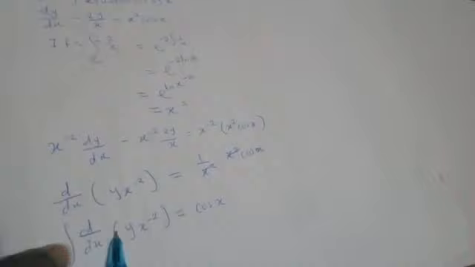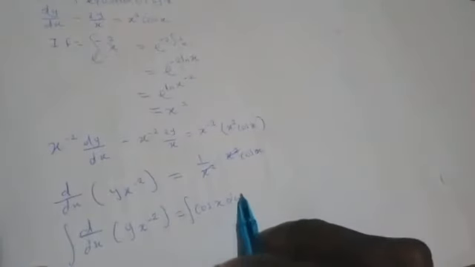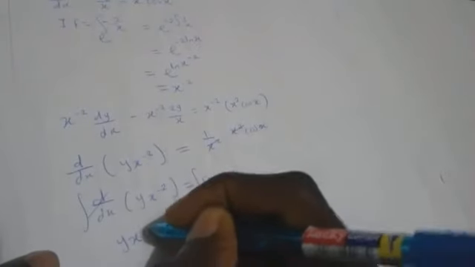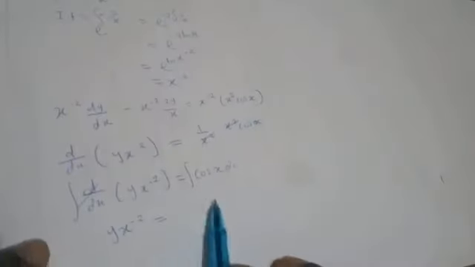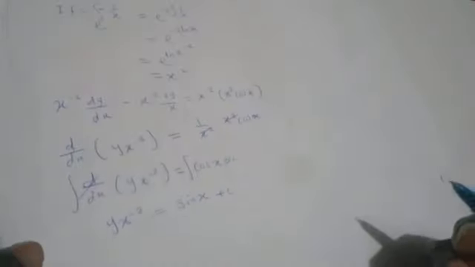I can now integrate both sides. That is, d of this equals cos x dx, moving the dx to the other side. So y x to the power minus 2 equals the integral of cos x, which is sine x, plus c.